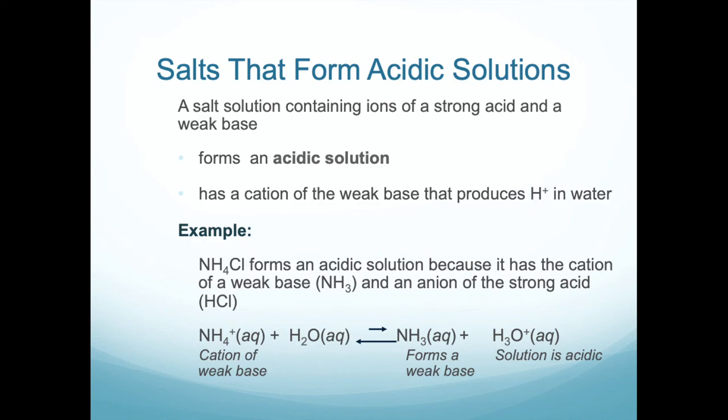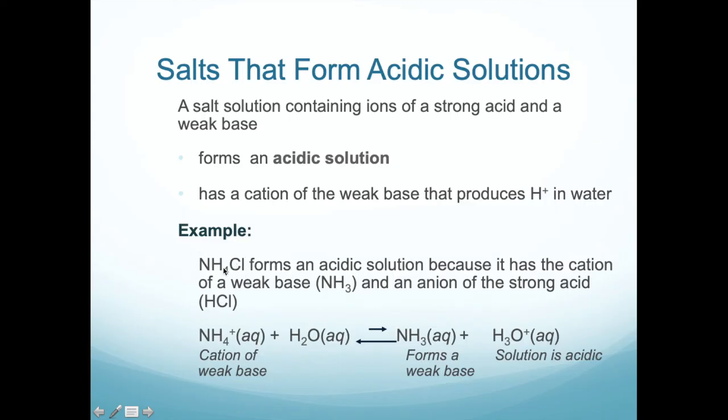Now, the only weak base you guys have seen so far is ammonia, and so its conjugate is ammonium. So any ammonium salt, NH4+ as you can see here, like ammonium chloride, will do this. The chloride is the anion of hydrochloric acid, which is a strong acid. So again, chloride's not going to do anything to the pH. It's kind of worthless as a conjugate base.